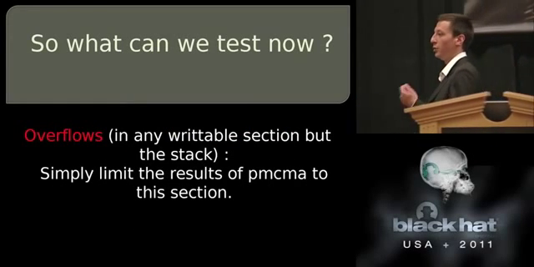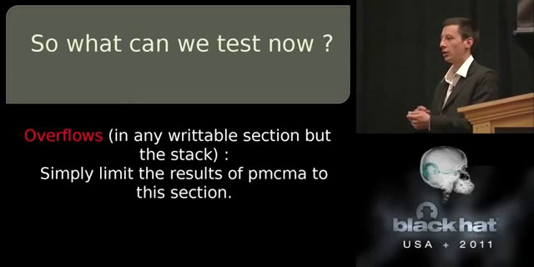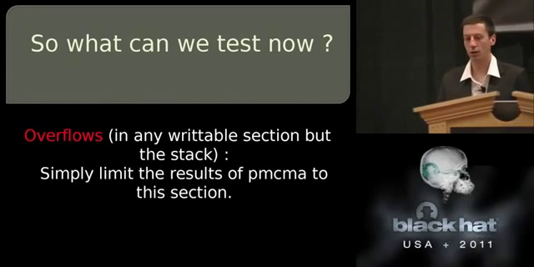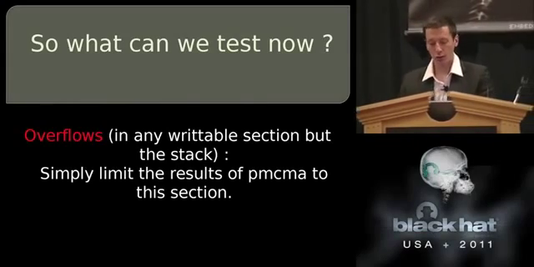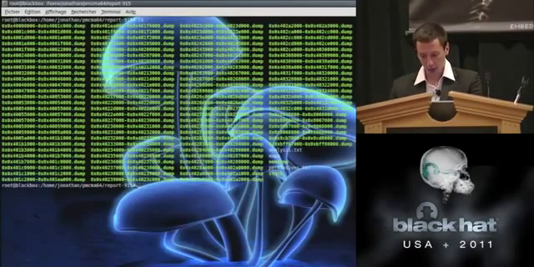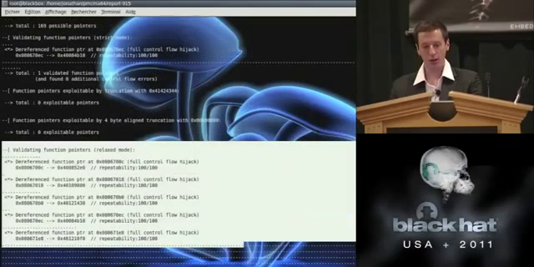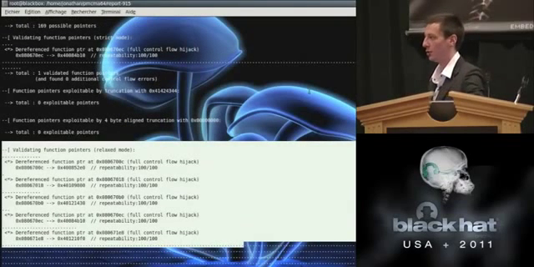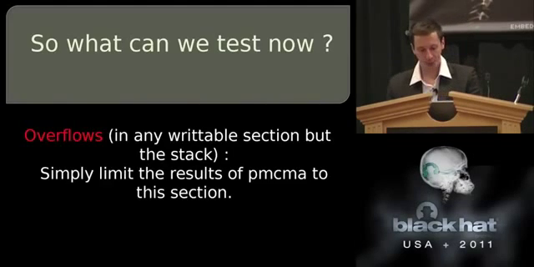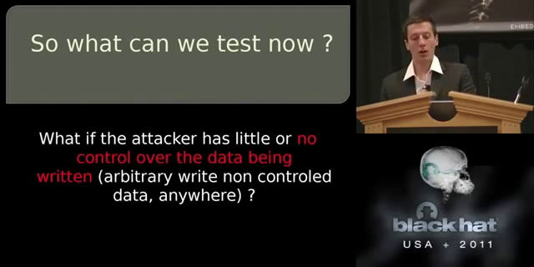Say you have an overflow in the BSS. Can you actually overwrite a function pointer in the BSS? It's able to check that too. How do you do it? Well, basically you take the output of our previous analysis and you truncate it to the section you're interested in, and that's it.